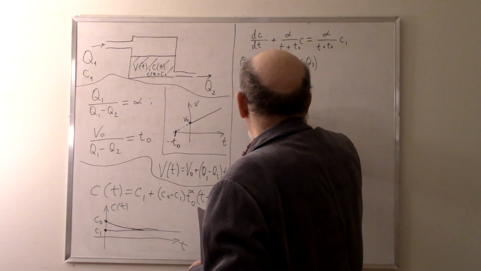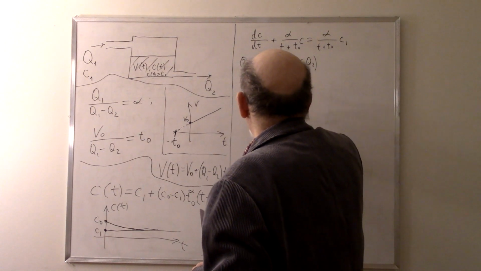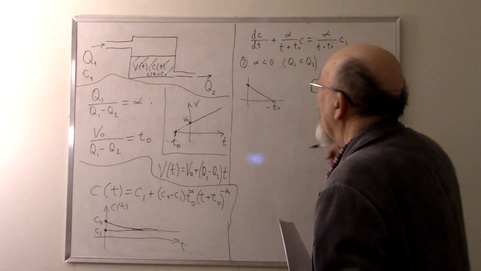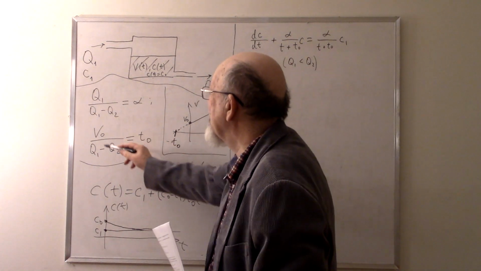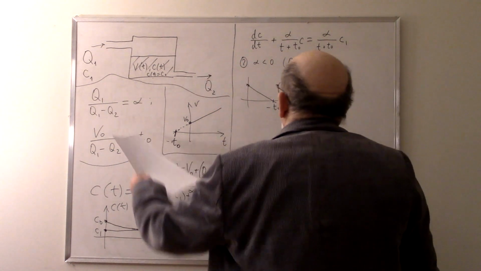And so this is minus alpha, minus t0. And t0 is negative because it has the same denominator, which is negative, and alpha is negative.